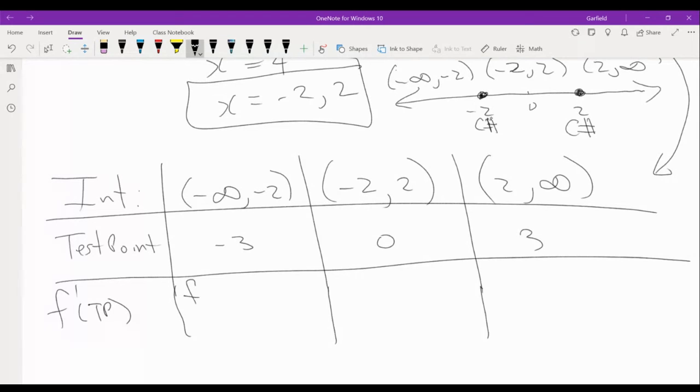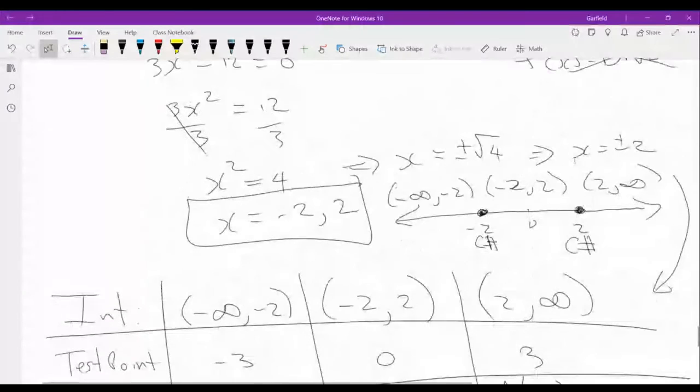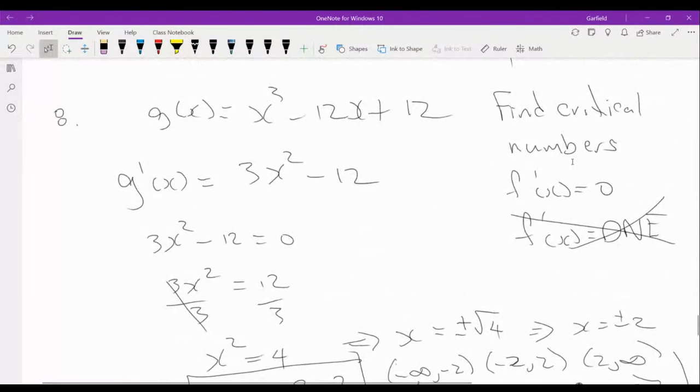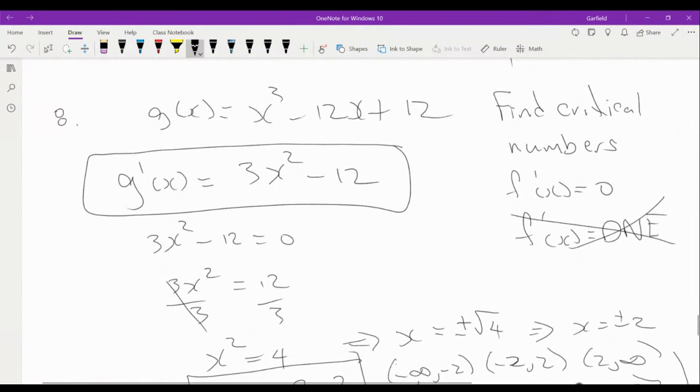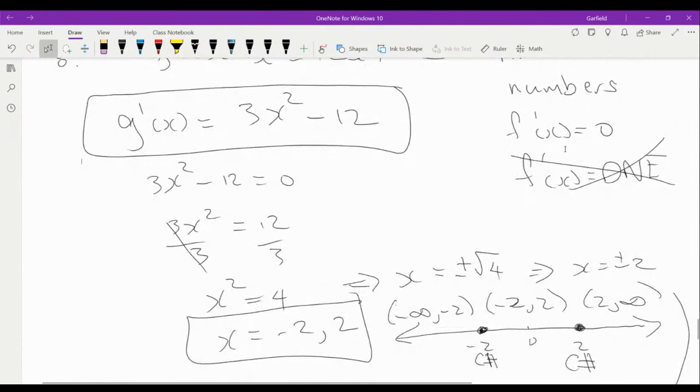So we're going to find f prime of negative 3, f prime of 0, and f prime of 3. Our derivative, once again, was 3x squared minus 12. That's where we're plugging it in.